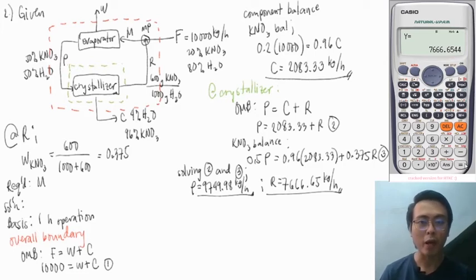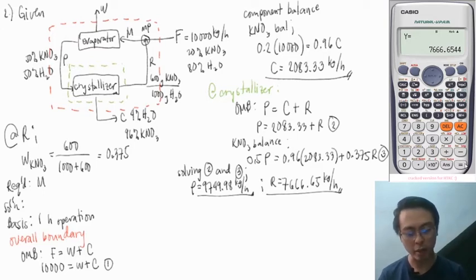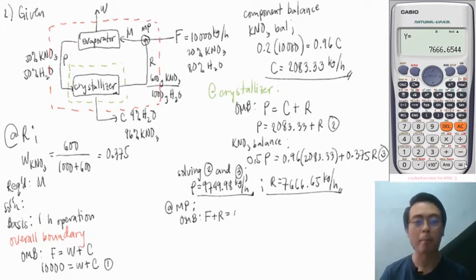If you go back to the mixing point, it now becomes easier to solve for the value of M. So let's now consider your mixing point as our third boundary. What is your OMB at the mixing point? It's simply F plus R equals M. We know the value of F, it's a given.